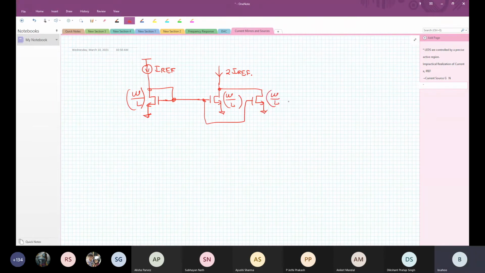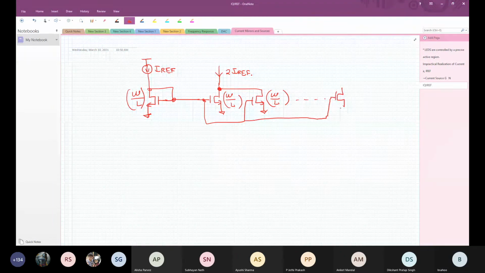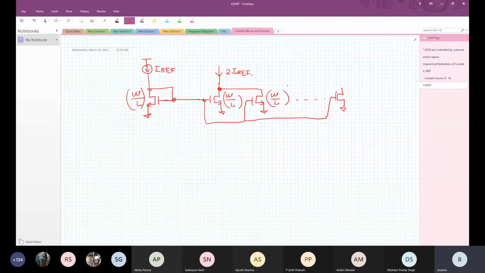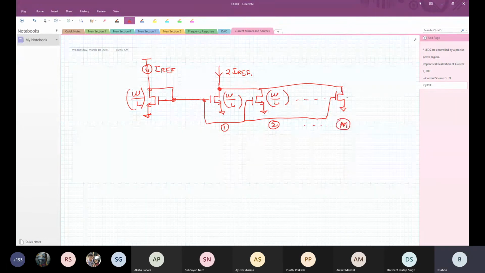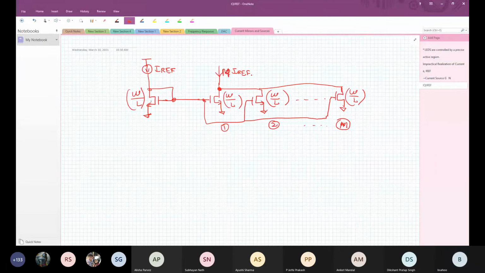Two transistors in parallel give you twice Iref. If I put M such things in parallel, I will get M times Iref. So that means I can do multiplication of currents.